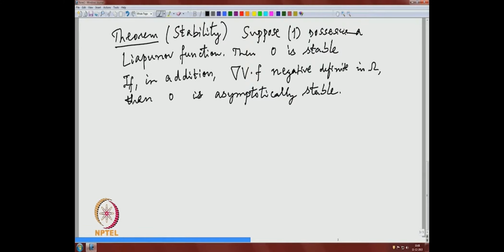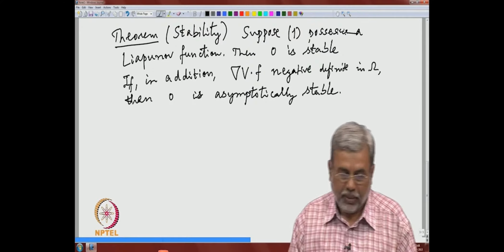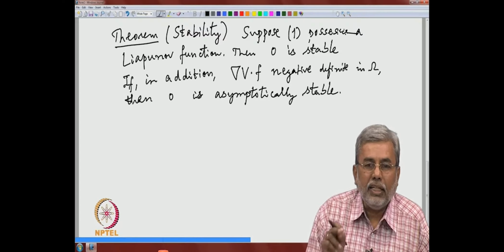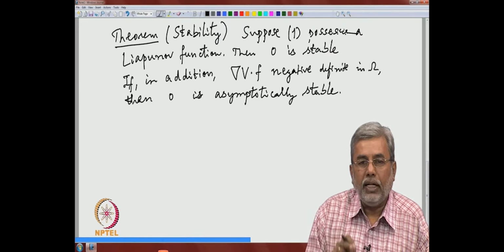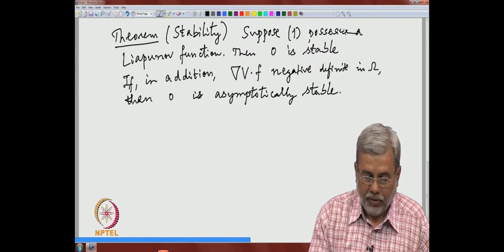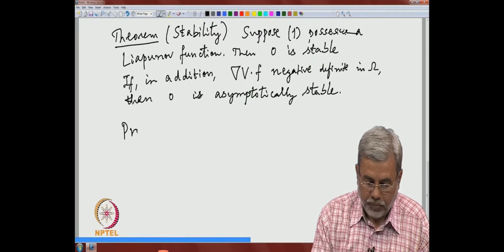It is not very deep analysis, but you can already see the interplay between analysis and the differential equation. I have stressed this point again and again at many situations, and here is another situation where you see that interplay very clearly. Okay. So, proof.